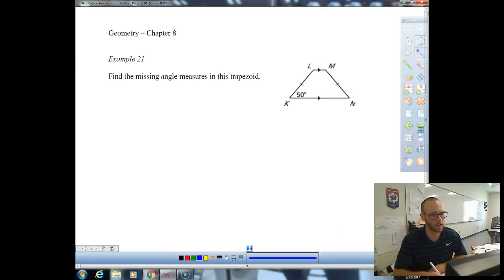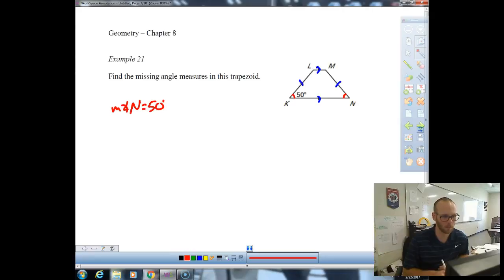Okay, let's apply it here to find some angle measures in a trapezoid. Find the missing angle measures. Let's find every angle measure we've got here. Notice it's a trapezoid. Okay, this tells me it's an isosceles trapezoid. I know the base angles are congruent. This angle right here needs to be congruent to that one. The measure of angle N, 50 degrees.